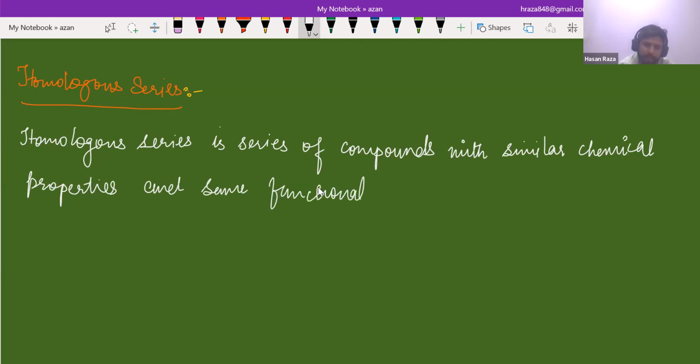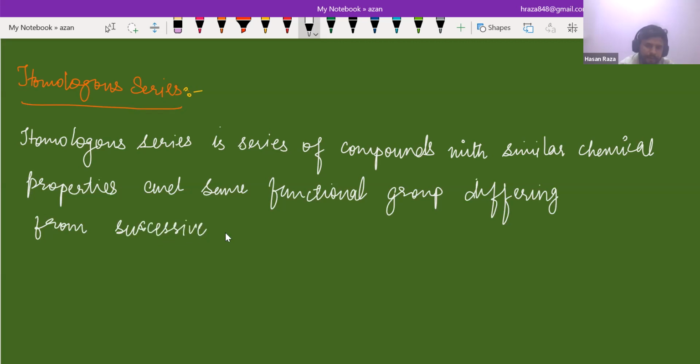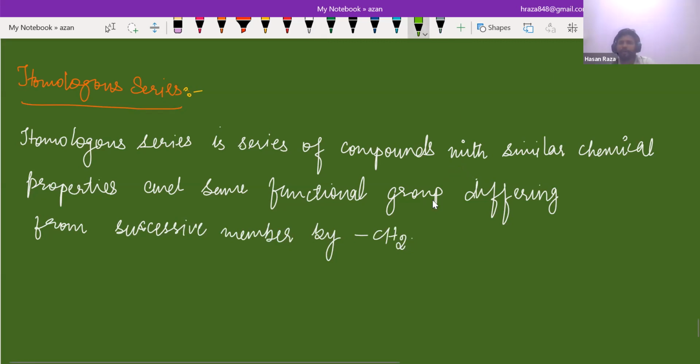If there is any functional group, same functional group. Differing from successive member by CH2. So please do write it, then I will take an example to explain it.